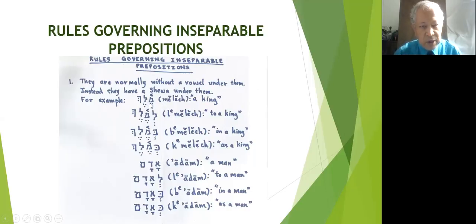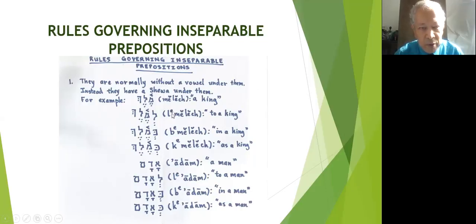For example, here is the noun itself, melech, which means a king. But when you put the inseparable preposition lameth to the noun melech, here is what we have. We have underneath the lameth the simple schwa, and so it is le melech. Now notice that I have put the simple schwa to the right of L, and it is not on the line with the vowels here of melech.